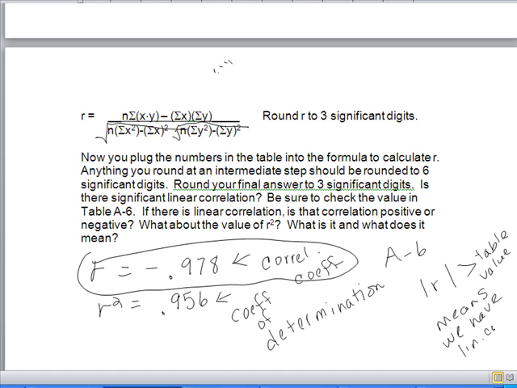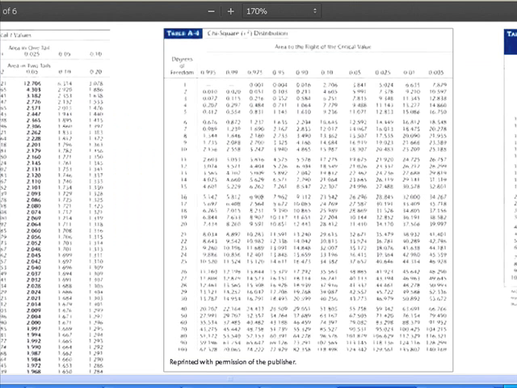So I'm going to go to a page where I have the table showing, hopefully. I may have to move my window slightly. Alright, so this is table A6. It's the critical values of the Pearson correlation coefficient. I know they may be fuzzy. I have them increased by 170%, but anyway.